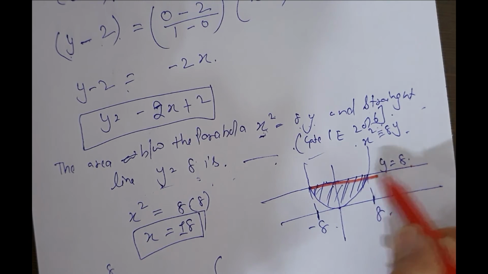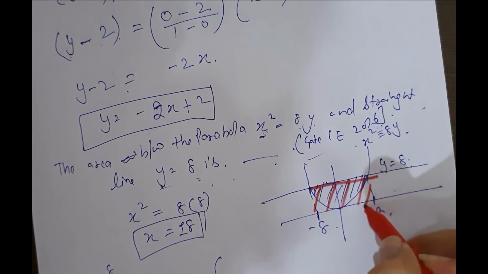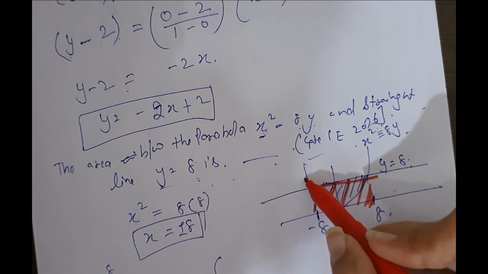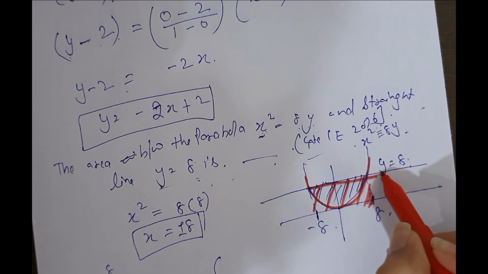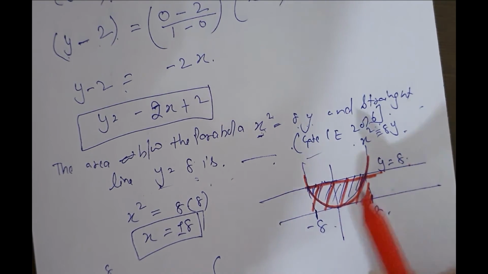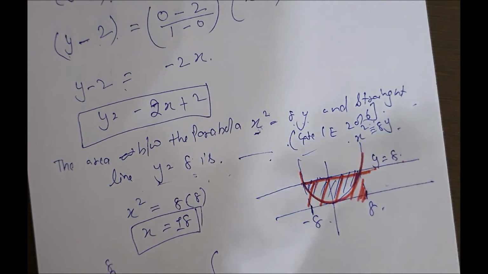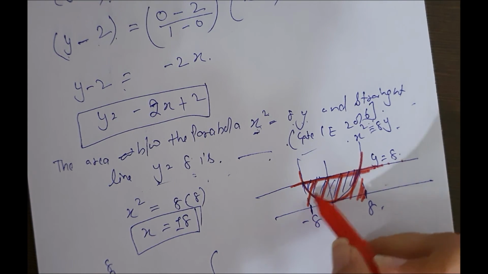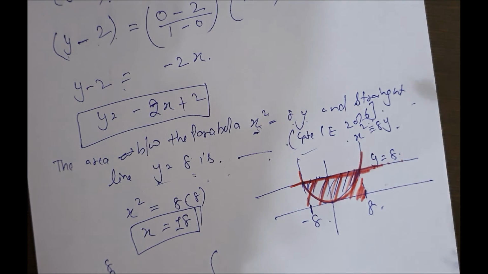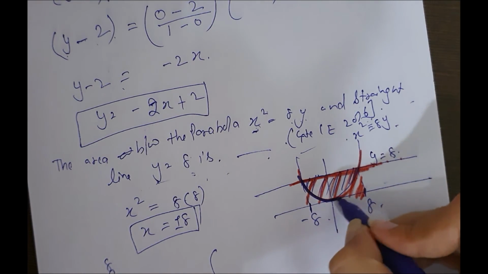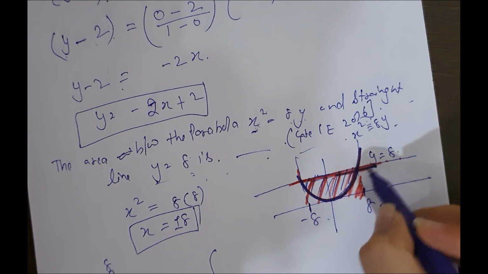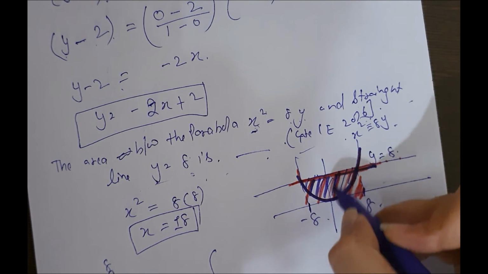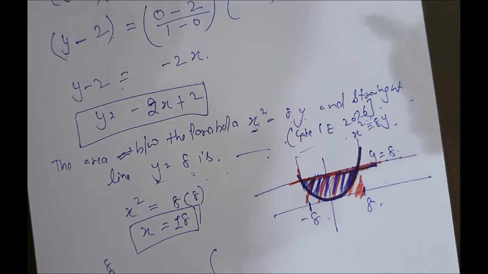If we put y is equal to 8, we will get this whole area. If we subtract the area of the parabola from this area, then we will get this desired area. Have you understood? We have to subtract the area of the parabola from the area of y is equal to 8 so that we get this desired area.